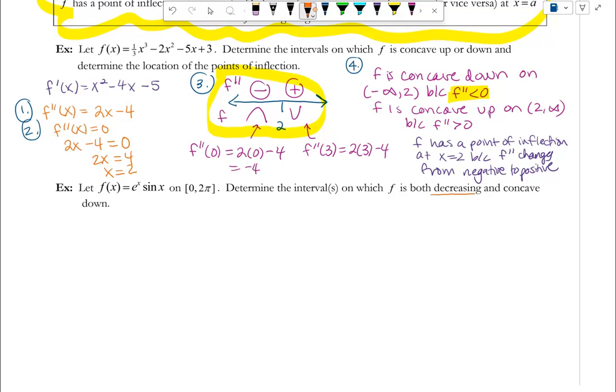For f to be decreasing, that's where our first derivative must be negative. For f to be concave down, that's where our second derivative must be negative. So we are looking for the interval or intervals from 0 to 2 pi where both our first and second derivatives are negative. So we need to test both of those.